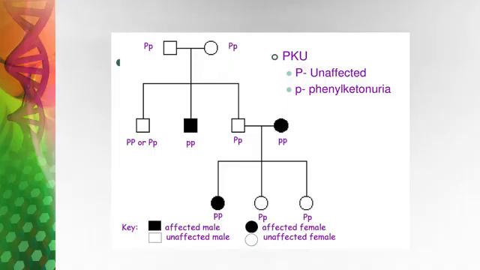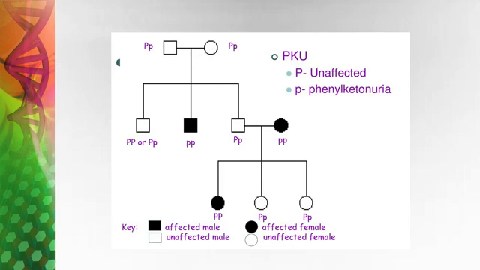Since both the parents are carriers for phenylketonuria, each of her siblings has a 25% chance of inheriting the disease condition and a 50% chance of inheriting one copy with carrier condition. Thus, nephews and nieces of the proband may inherit phenylketonuria if their parents happen to be carriers.